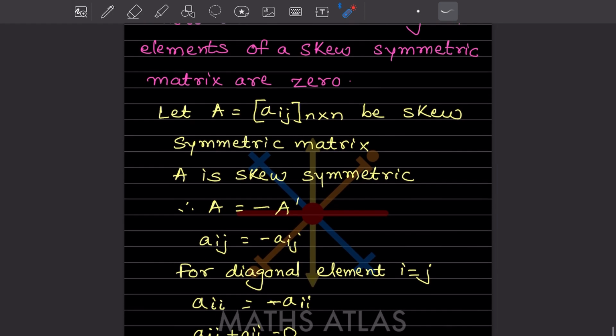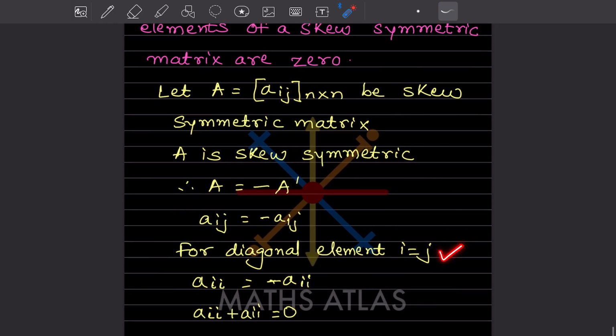So now here for a diagonal element i is equal to j, this is the rule. So what are you going to do? In place of this j, you will put i. This is already there over there. So minus here a, and again here for j, you are going to put i. So what will you get here? This will be same. But if you take this on this side, that is going to be plus. The right hand side is going to be 0.